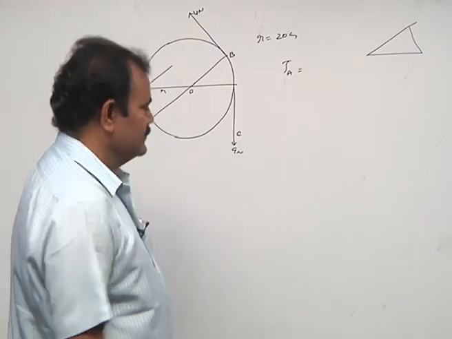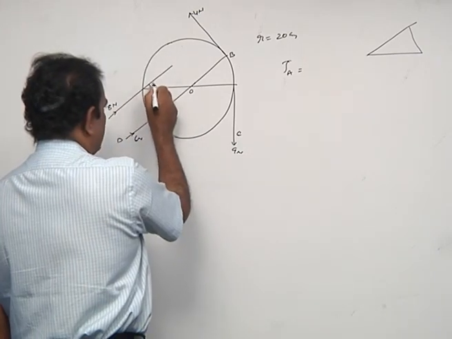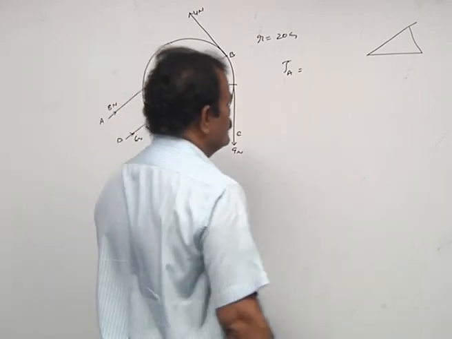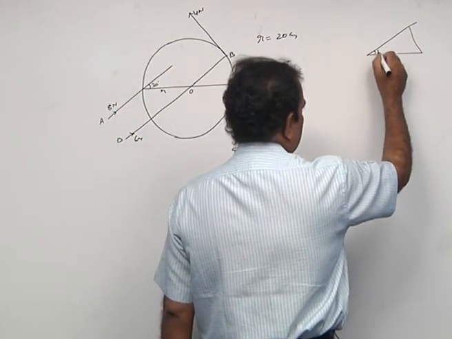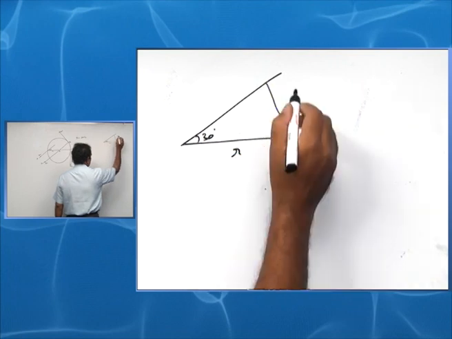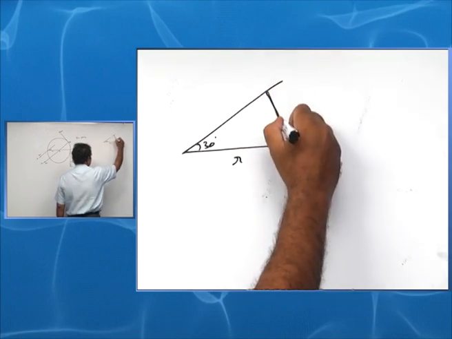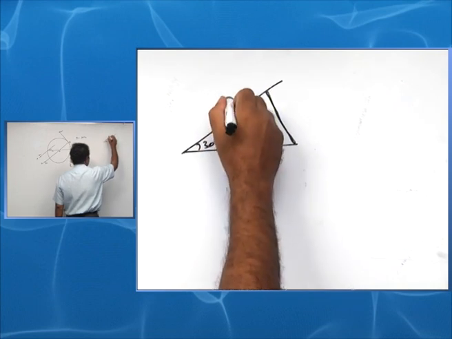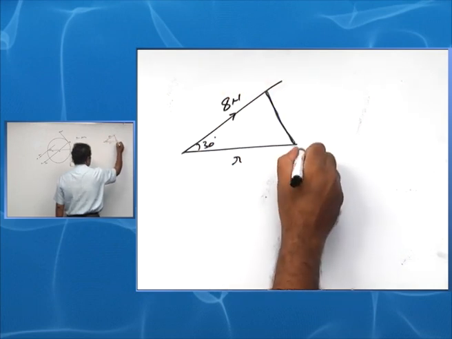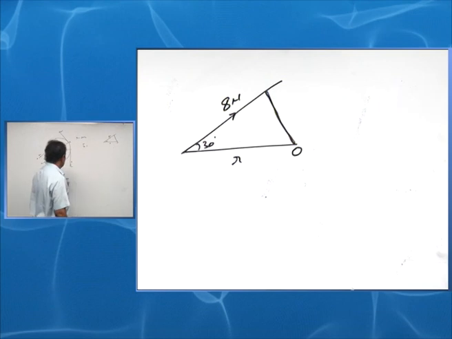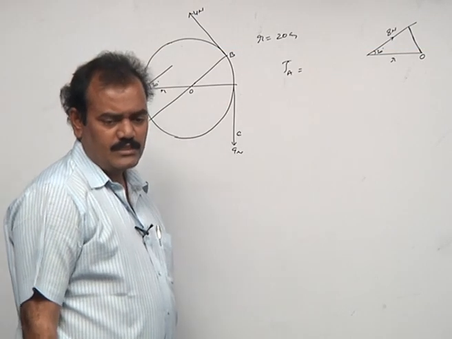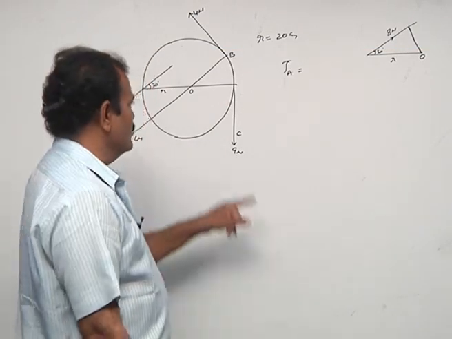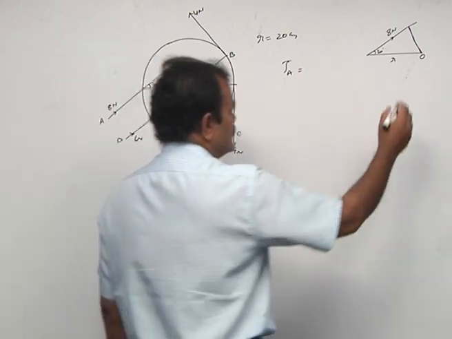Again there is a small r, and we consider this the perpendicular distance for this force of 8 newtons about the point O, because you are going to find the moment of force about the center only.